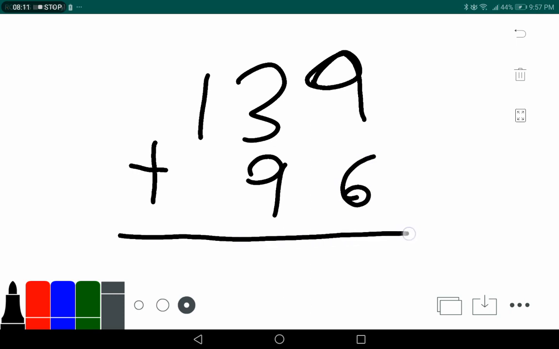Might sound like a big number, but if you just divide it easily, you'll get it. 6 plus 9 equals, you guessed it, 15. So we move the 1 up there. I like to add this one, make it a bigger one. 4 plus 9 equals 13. And then 1 plus 1 equals 2. Okay, so 235. So it's pretty simple.